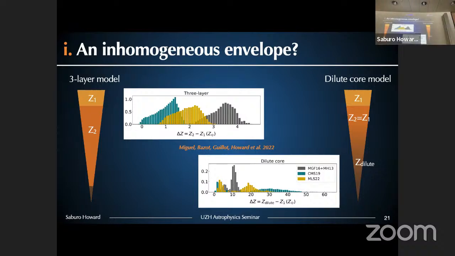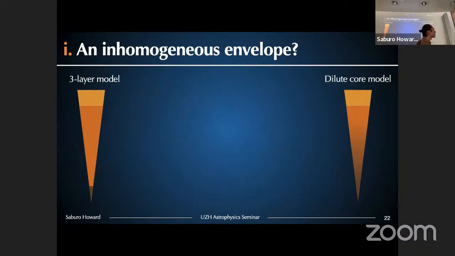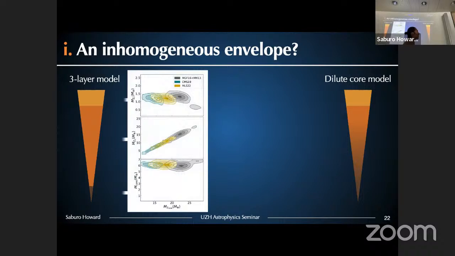And now if we look more in detail at the distribution of heavy elements in those models, on this figure, I'm showing you the mass of heavy elements in the different regions of the models. And so the first thing to notice is that the total mass of heavy elements really depends on the equation of state that you choose.